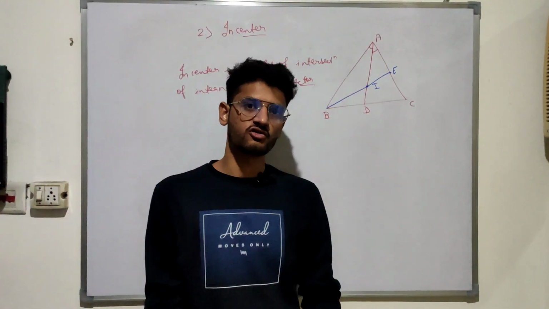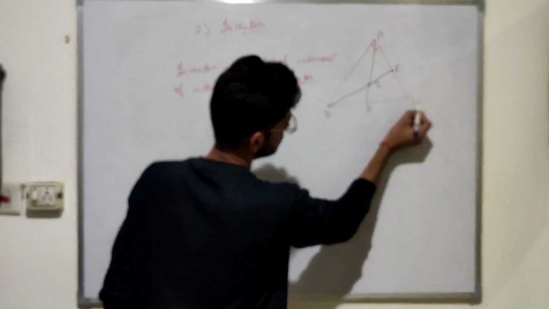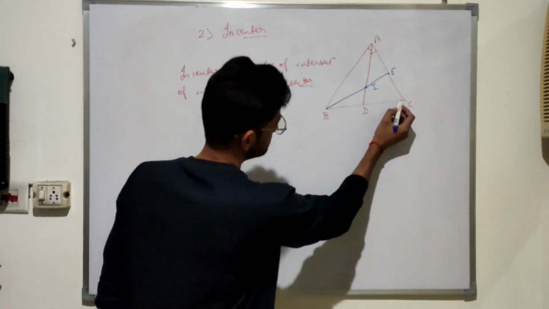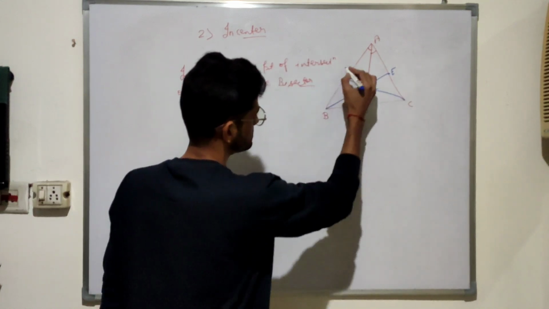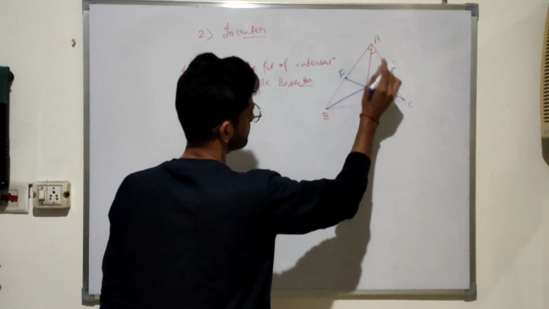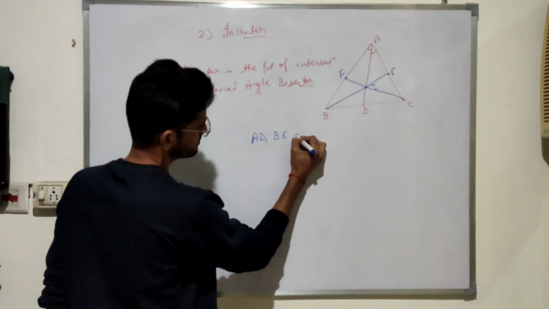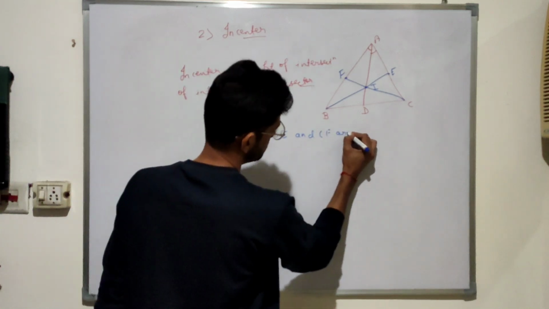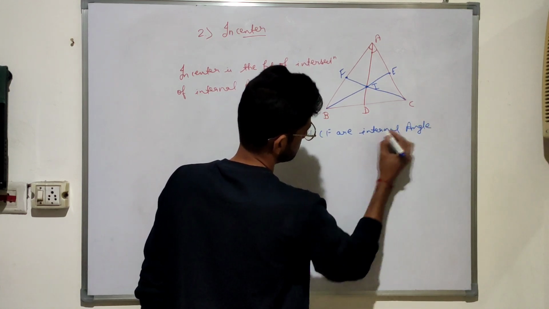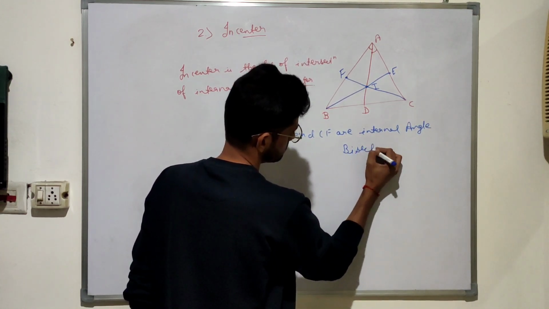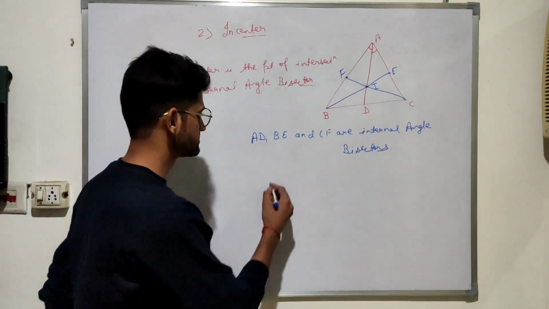For the centroid, the short form is G, and for the incenter we take it as I. Similarly, if we draw the internal angle bisector from point C, it will also pass through this point itself, and let's say it meets the opposite side at F. So basically AD, BE and CF are internal angle bisectors, and their point of intersection is I. Here I is the incenter.